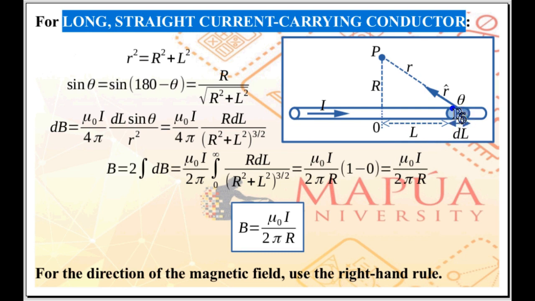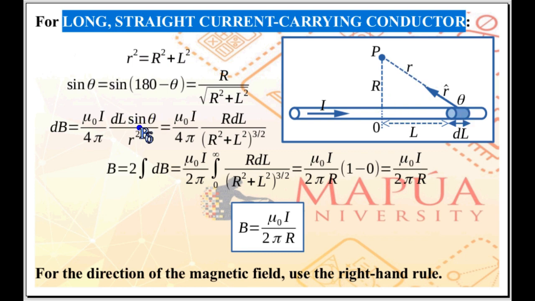So you have a triangle, hypotenuse small r, side capital R, and side L. Small r squared is equal to capital R squared plus L squared. You have a right triangle with hypotenuse small r.